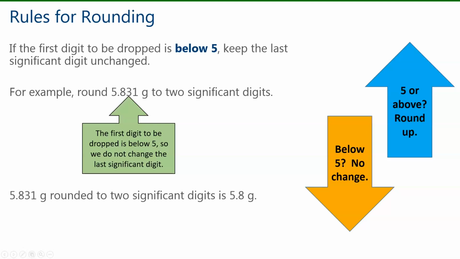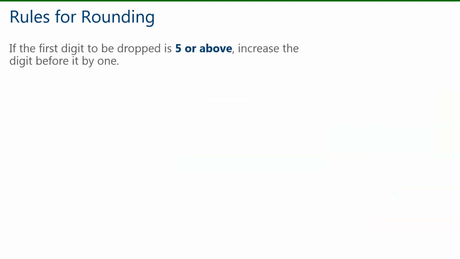So our rule is, if it's 5 or above, round up. If it's below 5, no change. Let's look at another example. If the first digit to be dropped is 5 or above, we're going to increase the digit before it by 1. For example, round 3.4721 grams to 2 significant digits.